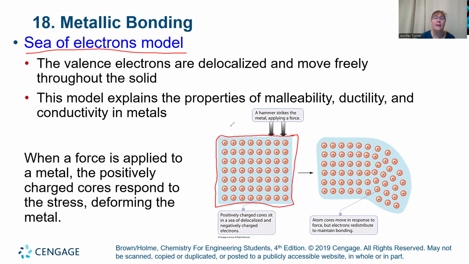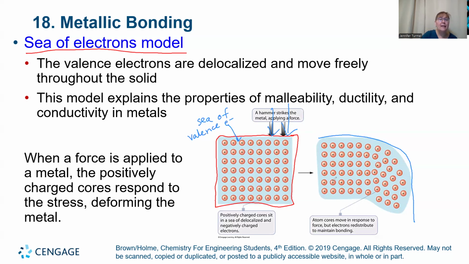So you've got your nuclei there, and in the middle you have a sea of valence electrons that move pretty much throughout. That allows them to conduct electricity. And it's also what allows them to deform if you apply a force here. And that's what allows your metals to be malleable and ductile.